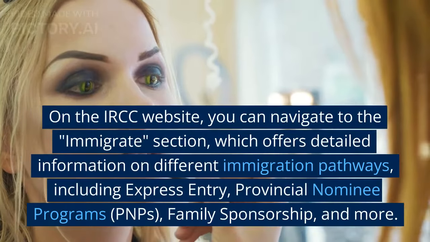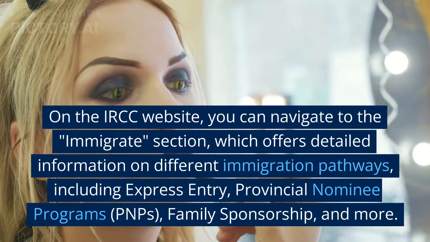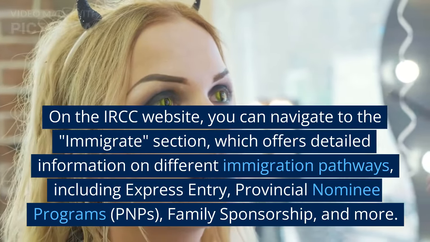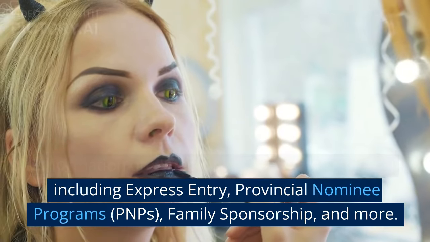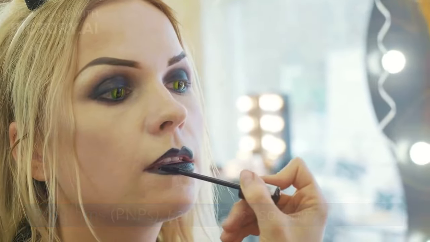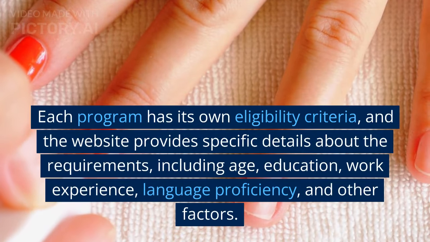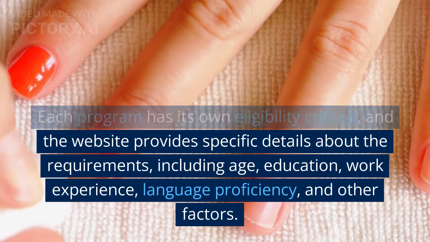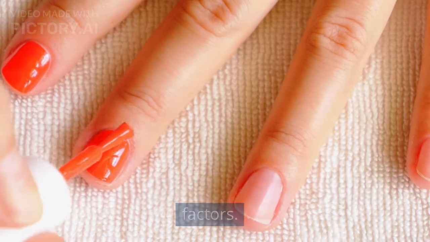On the IRCC website, you can navigate to the Immigrate section, which offers detailed information on different immigration pathways, including Express Entry, Provincial Nominee Programs, PNPs, Family Sponsorship, and more. Each program has its own eligibility criteria, and the website provides specific details about the requirements, including age, education, work experience, language proficiency, and other factors.